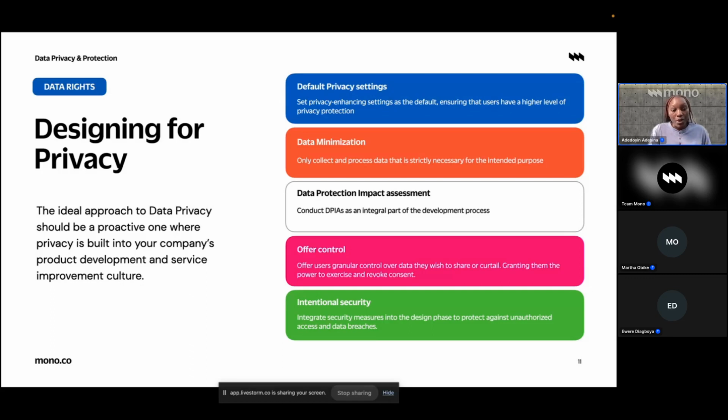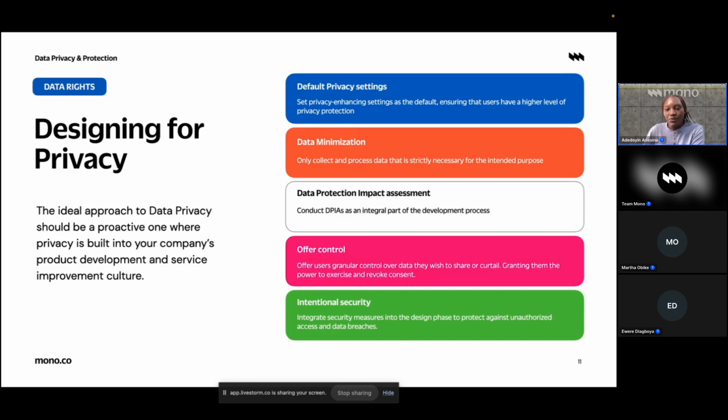And there are a few ways that you can integrate that into your company. And the very first one is default privacy settings. So by setting privacy enhancing settings as the default, rather than collecting the maximum amount of data, and maybe their privacy settings are not as high as they should be, and then it is the customers that are now saying, oh no, I want my privacy to be as high.